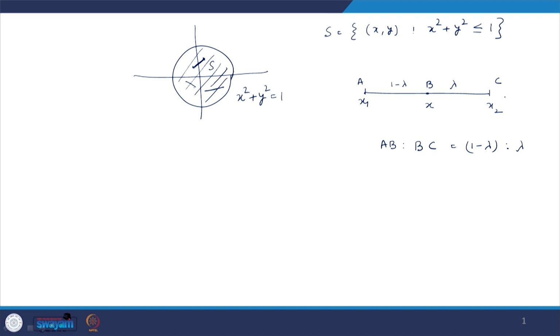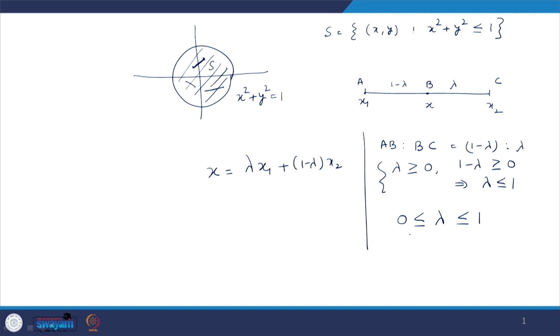So, lambda should be non-negative and 1 minus lambda should be non-negative. This implies lambda is less than or equal to 1, so lambda is greater than or equal to 0 and less than or equal to 1. And what are the coordinates of x? From the section formula one can easily see that x is nothing but lambda x1 plus 1 minus lambda x2.